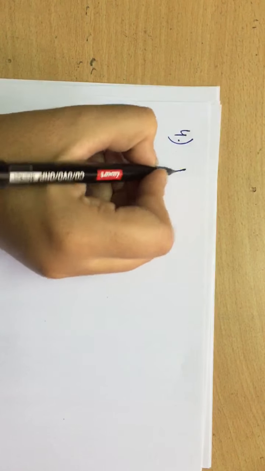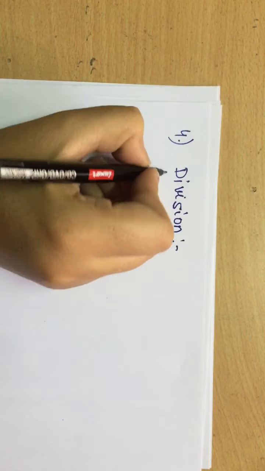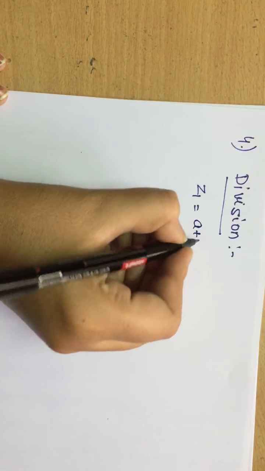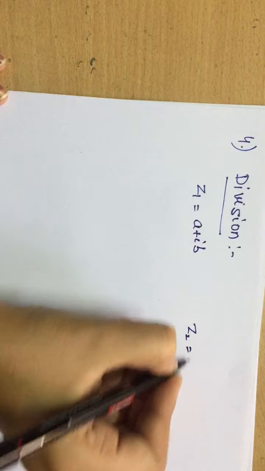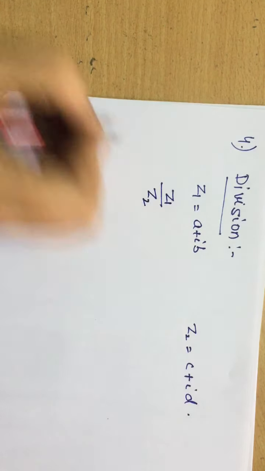So the last basic operation is division. The fourth operation is division. How do we divide two complex numbers? If I have z1 as a plus iota b and z2 as c plus iota d, the division is z1 by z2.